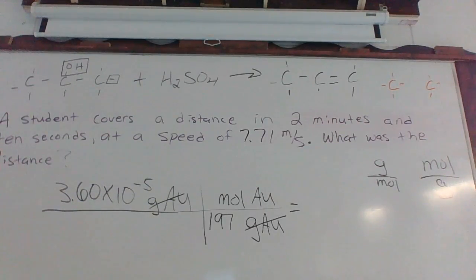Okay, divided by 197. I got mine too. Just what you get. Oh. Yeah. Perfect. I'll show you how to do that. I don't know why yours isn't. It's still the same answer. Okay, but it's just not reading it in scientific notation.